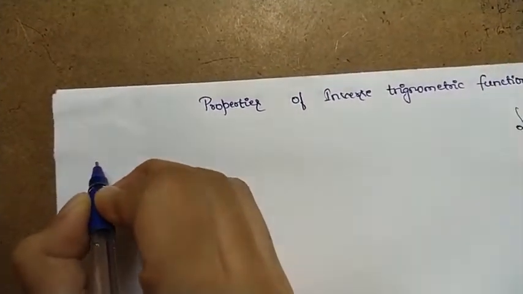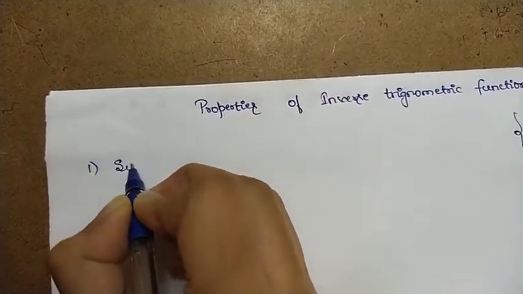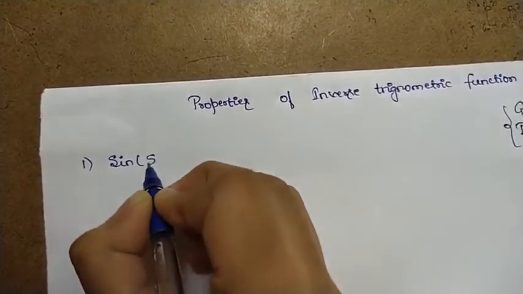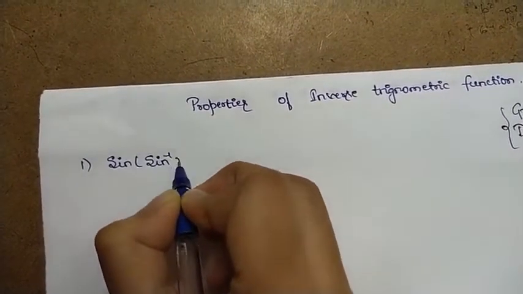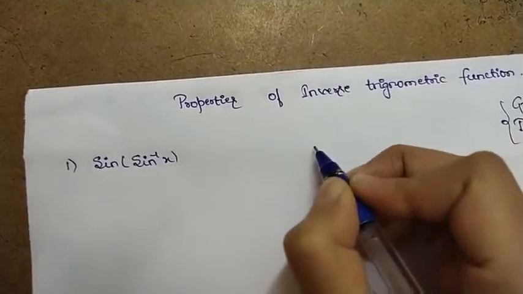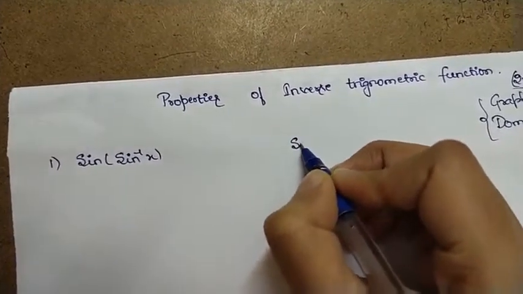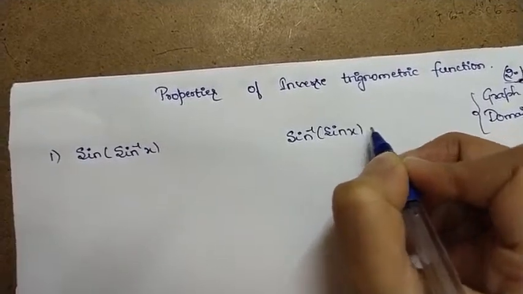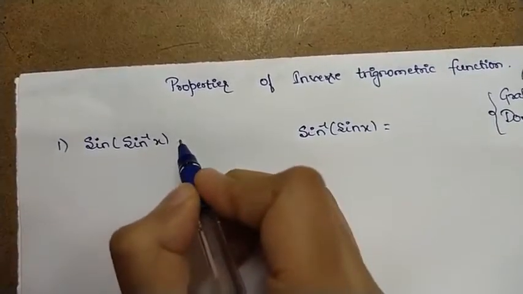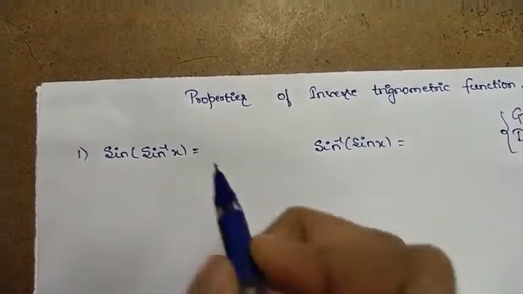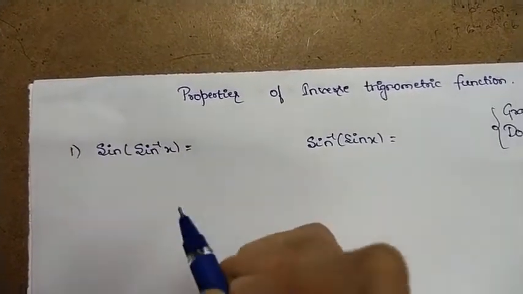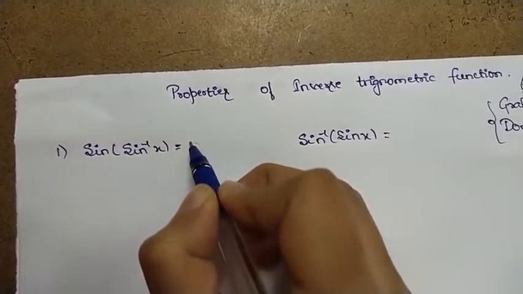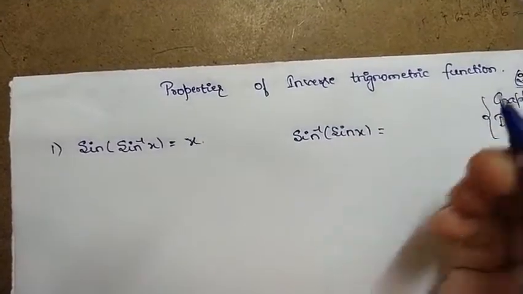So in that, the first one is sine inverse of sine x. Wait, first: what is sine of sine inverse of x? Another one is what is sine inverse of sine x. So these are the two things we first need to concentrate on. Clearly, by looking at it you can say that sine of sine inverse of x is equal to x.